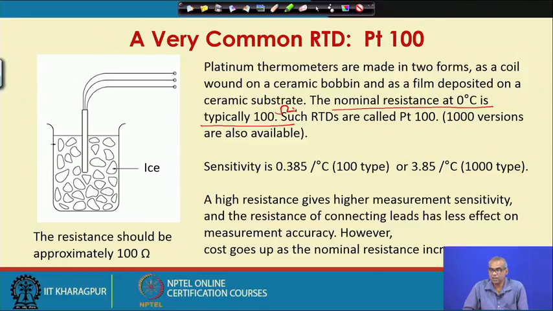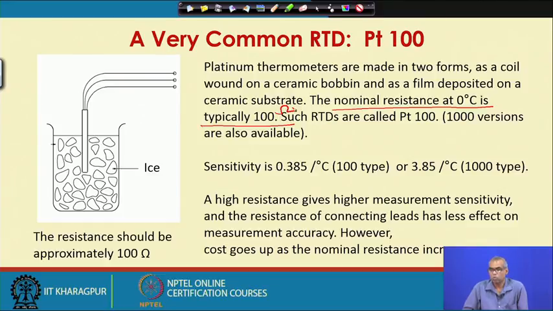Such RTDs are called PT100. So, PT stands for material of construction, platinum, and 100 stands for the fact that the nominal resistance of this RTD is 100 ohm at 0 degree Celsius.